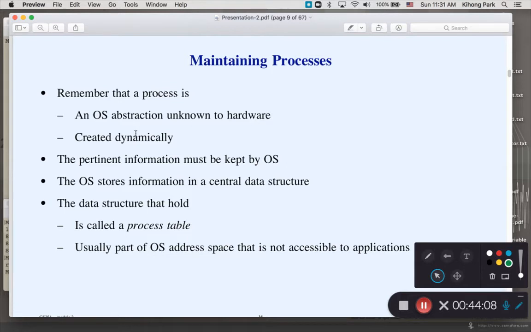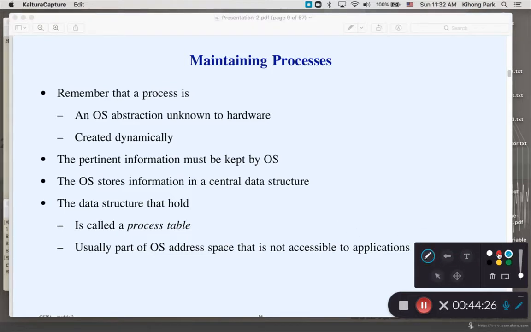They are created dynamically, we all know that, and a key data structure of the kernel is this process table that we discussed. One other term that you will come across often is the term process control block, PCB, being used a lot in the context of different kernels.